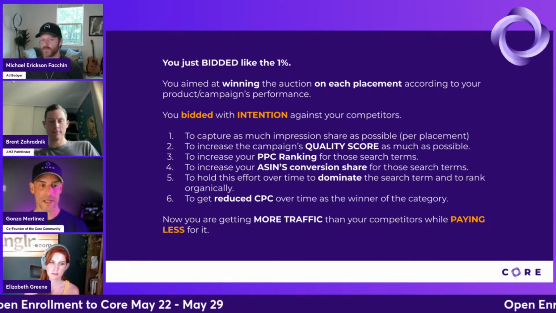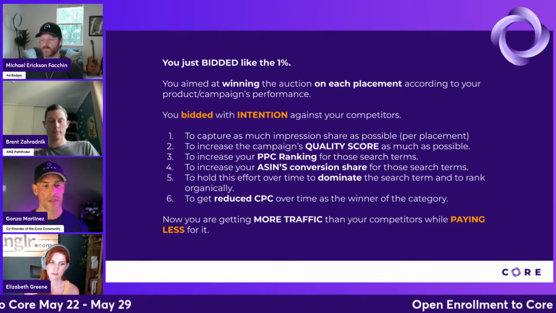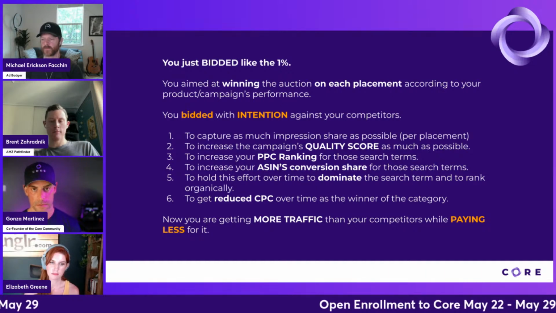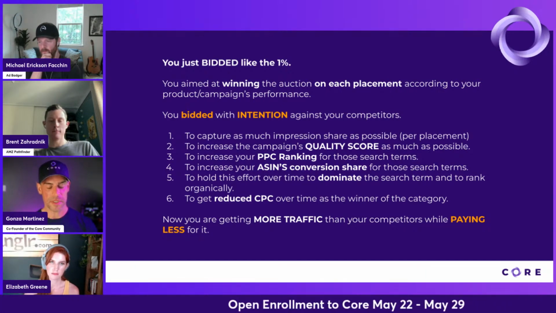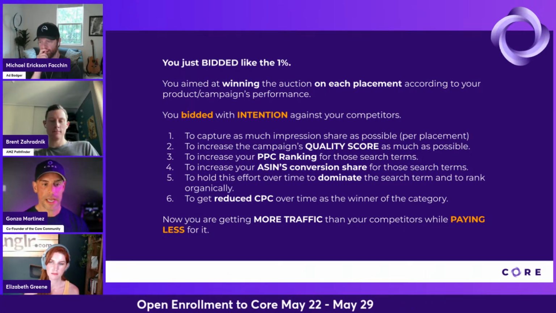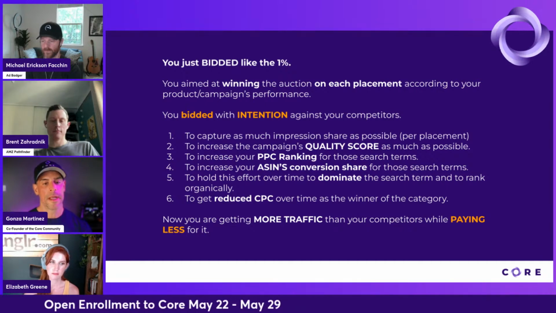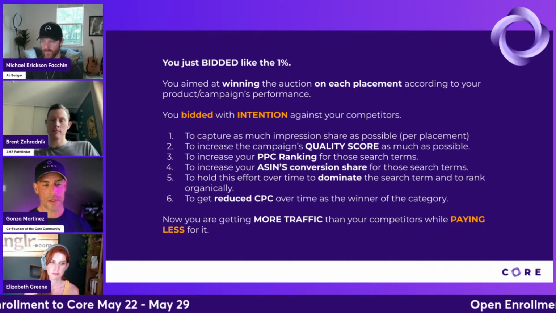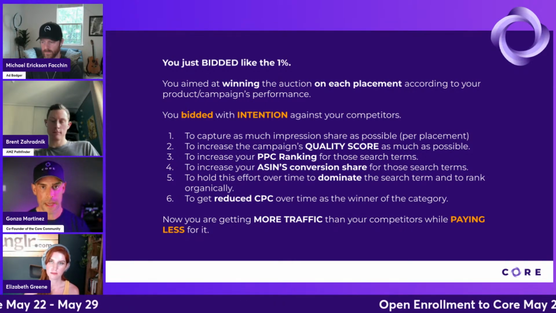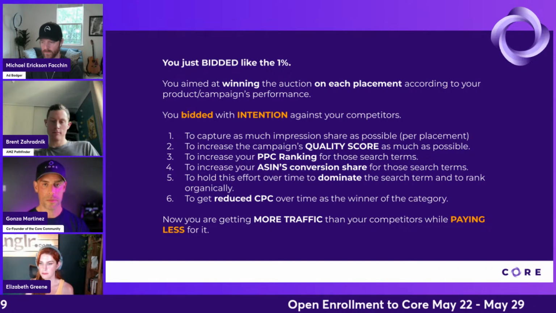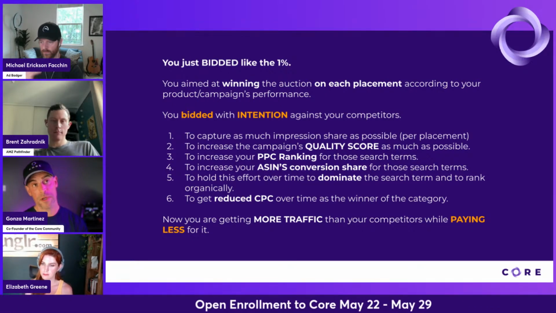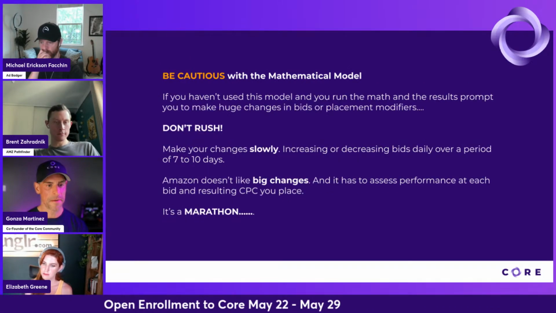And by doing that, you rank organically, right? So you hold this for long enough, and you get reduced CPCs. And now you're getting more traffic, as I said before, than your competitors, and you're paying less. So it's harder for them to take those impressions and that traffic away from you. But not harder, at least more expensive.